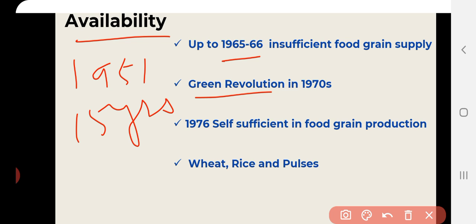As a result of the implementation of Green Revolution in the 1970s and mid 1960s, since 1976, India became self-sufficient in food grain production.